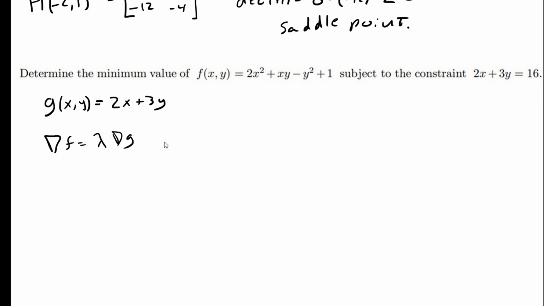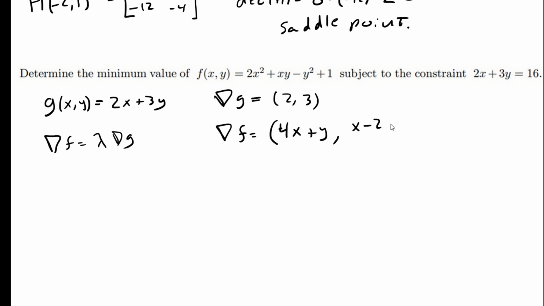So that means I need to compute the gradient of f and the gradient of g. Gradient of g, that's easy to compute. This is 2, 3. That's nice and simple. And the gradient of f, not as simple, but this is going to be 4x plus y, and then x minus 2y.